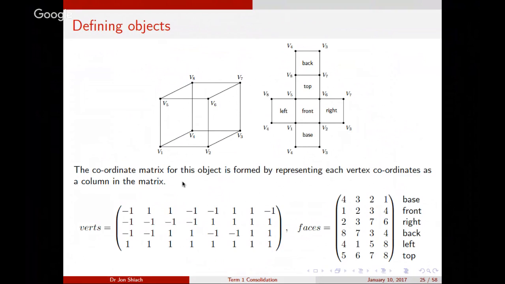This is 4 rows because this is X, Y, and Z, and the bottom one is just 1 for homogeneous coordinates. The first row is all your X coordinates, then Y coordinates, and Z coordinates, and each column corresponds to each of those points. And if I had the faces one correct, those 2 would be enough to define that cube.